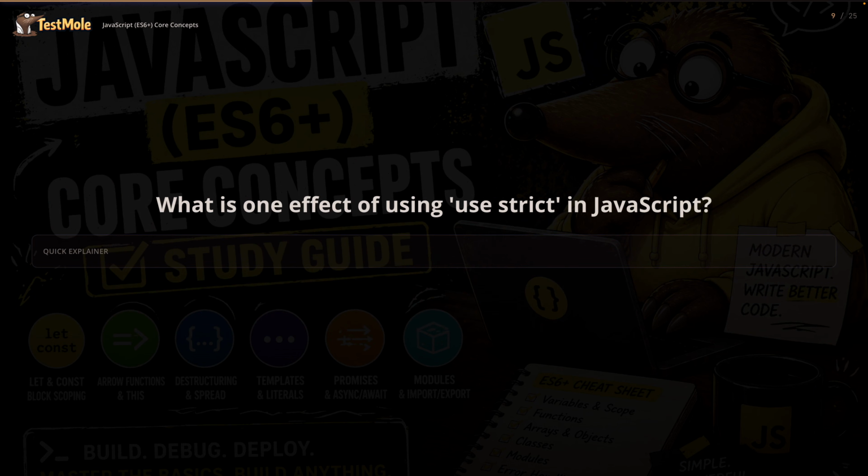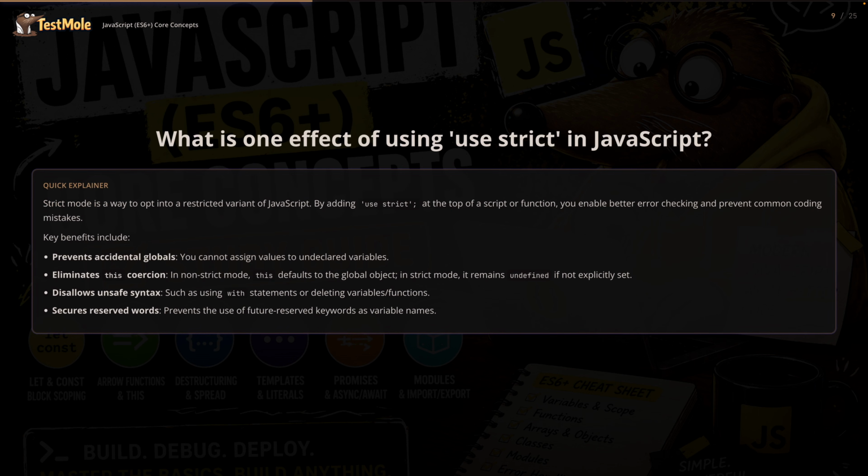What is one effect of using 'use strict' in JavaScript? Strict mode is a way to opt into a restricted variant of JavaScript. By adding 'use strict' at the top of a script or function, you enable better error checking and prevent common coding mistakes. Key benefits include: prevents accidental globals. You cannot assign values to undeclared variables.